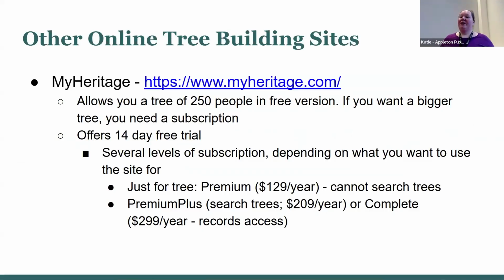If you just want to build your tree on here, it's a premium subscription of $129 a year, and you can't even search the trees, which I think is crap. If you want to actually find records, it's $209 a year. So you can see it's not very cheap. Or they have a complete subscription that's $299 a year.